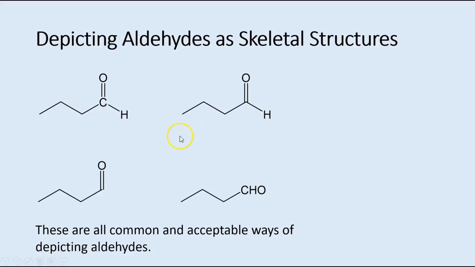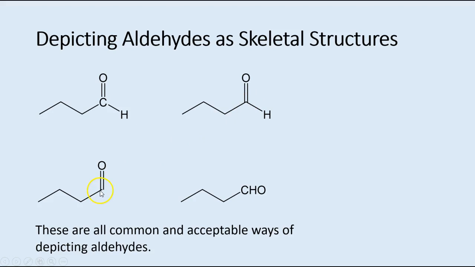So how do we depict aldehydes as skeletal structures? These are four different representations of what's called butyraldehyde, or its systematic name is butanal. You could have three carbons depicted skeletally, and then the fourth one actually explicitly shown like this. That's a fine way to show it. I typically would draw an aldehyde like this, in which you specify that there's a hydrogen there, but you just draw that carbon skeletally.